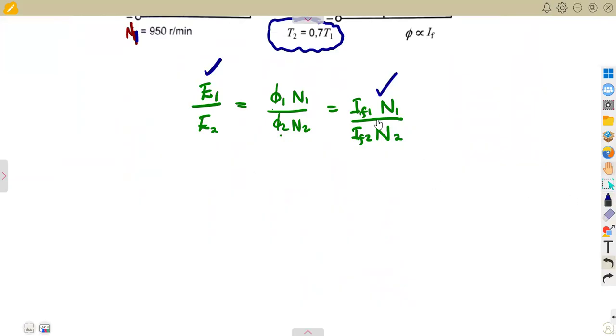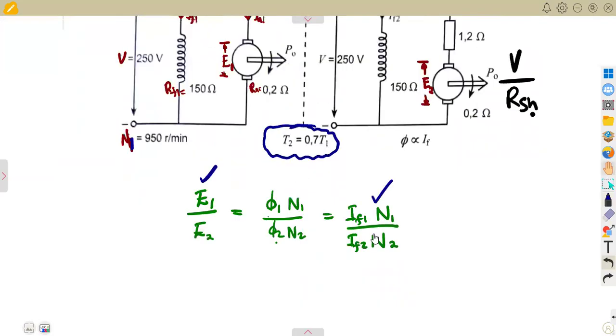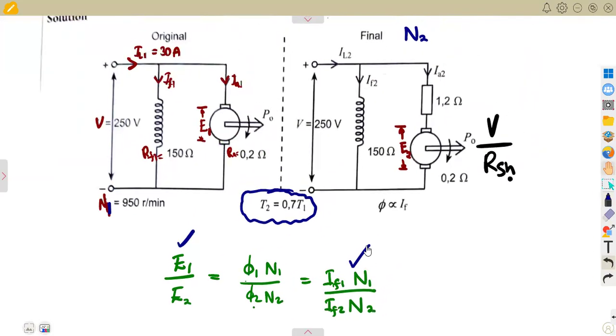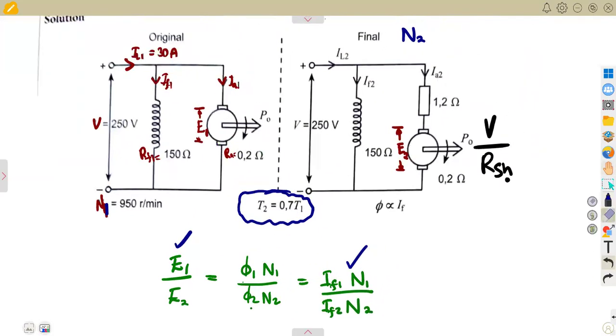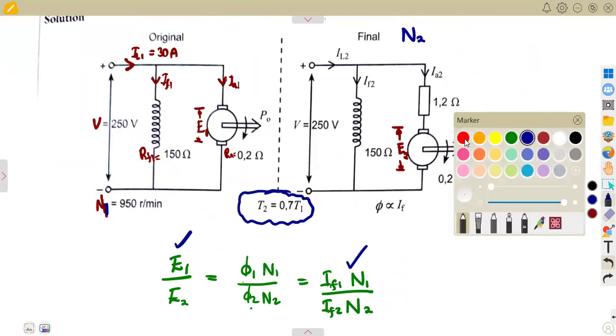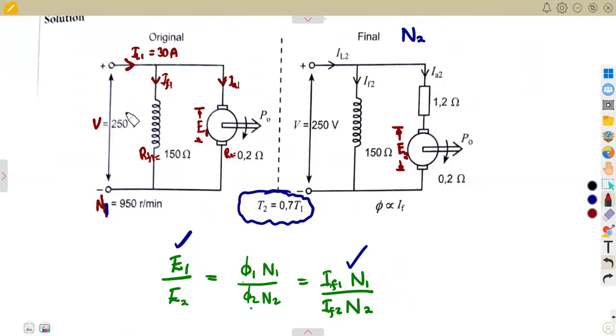I want you to be careful, because some of these questions, it's not because we do not know this, it's just that we had this before in our info, but revisions and so forth. We are talking about the field current here.